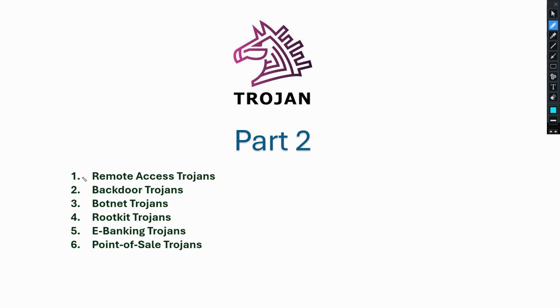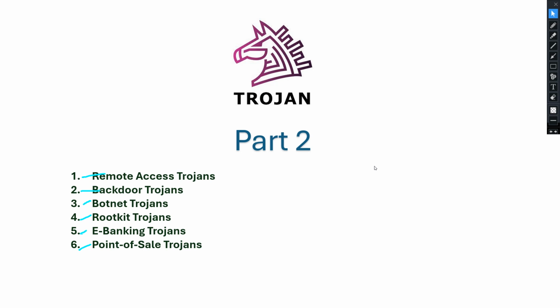The first would be our remote access Trojan, then Backdoor Trojans, Botnet Trojans, Rootkits, e-banking, and point of sales Trojans. We have these 6 Trojans, and we will cover them in this video.